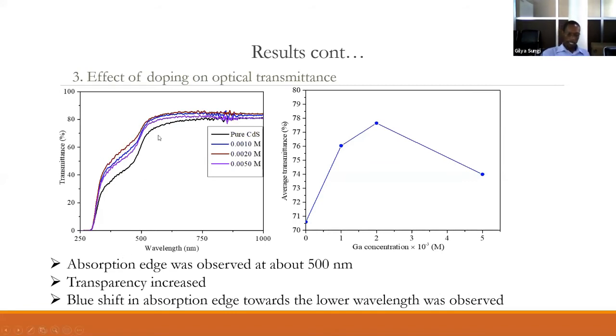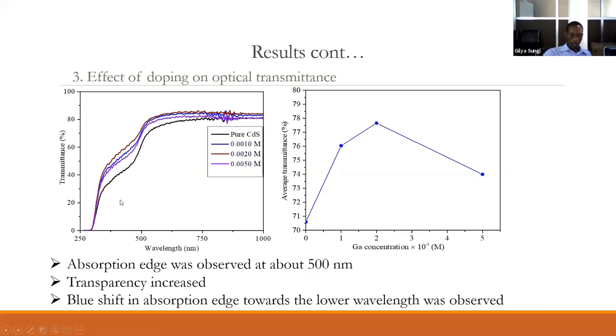And the transmittance of the prepared films increased with the gallium concentration. However, the increase in transmittance was not linear. All of the prepared films had a weighted average transmittance of above 70, and the film prepared with the gallium concentration of 0.002 molarity had the highest transmittance of about 78.